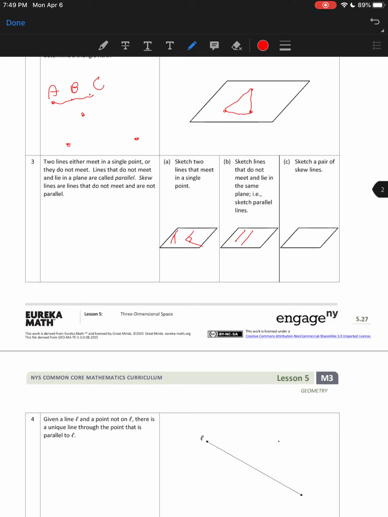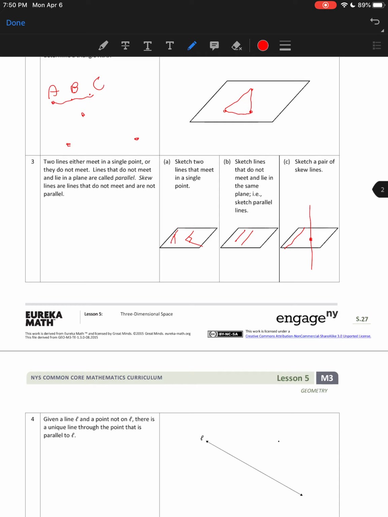So in 2D space, any lines that never meet must be parallel. However, in 3D space, that's not actually true. The reason is because you could have something like this. Imagine I draw a line that goes through the plane at a certain point. Again, that concept of a pencil jamming through a piece of paper. And then you could also have a line that just goes on the plane here.